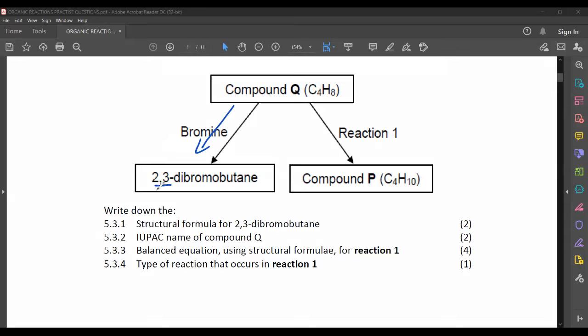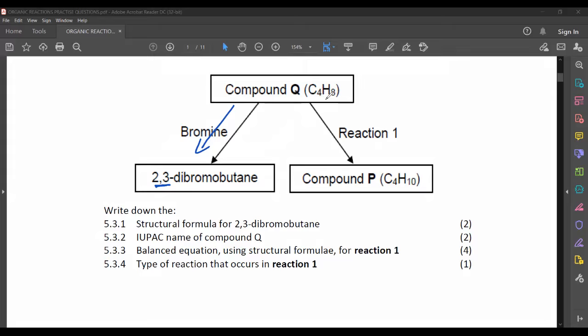But why would they ask us a question where they require you to analyze the whole thing? I didn't get that. Why would they ask us a question where I first need to look at compound P and dibromobutane? It's because C4H8 can be written in 2 ways. You can write it as but-1-ene or butene, same thing. Or you can write it as but-2-ene because these are positional isomers.